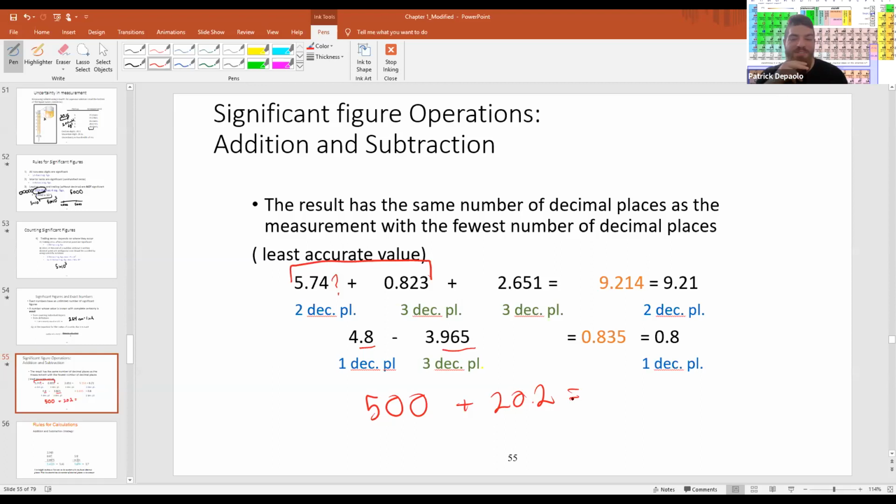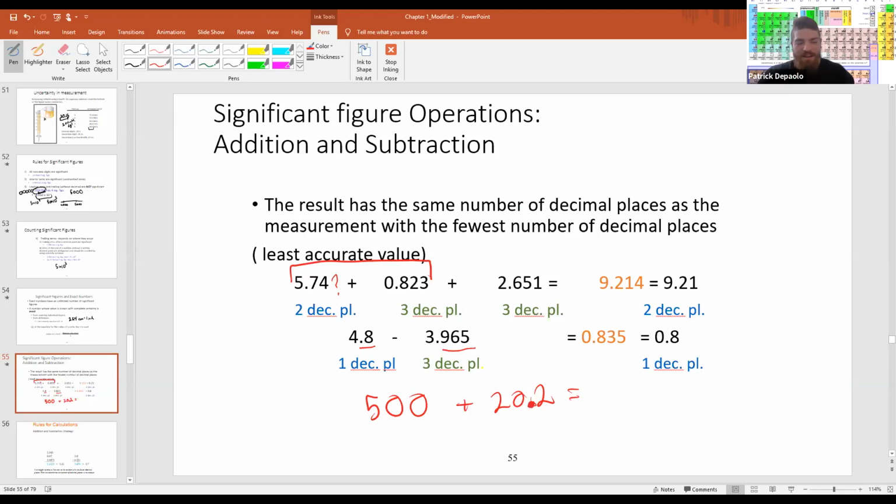Not 520.2. Anybody else? Any other guesses? 500. Ding, ding, ding. Sarah Guerrero. Extra credit. Not 702. Oh, sorry, this is a decimal point.